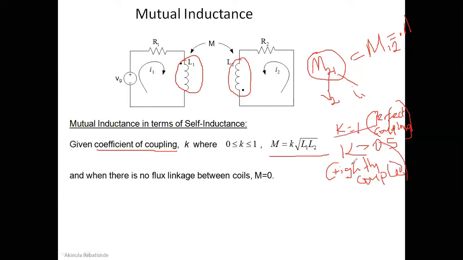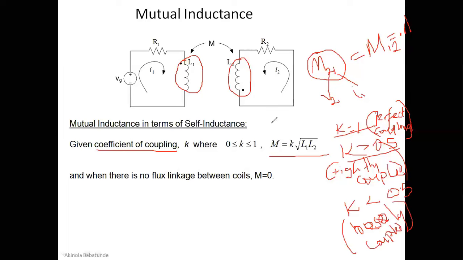The first one, K equal to 1, then K greater than 0.5. Then you could have K less than 0.5, all right? K less than 0.5 would mean that they are loosely coupled together. So the two inductors are loosely coupled when K is less than 0.5.